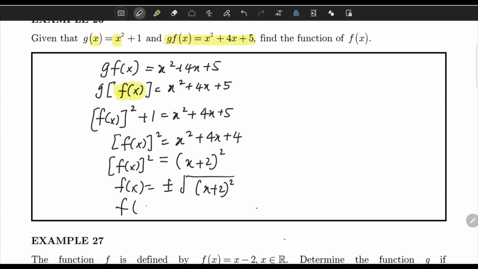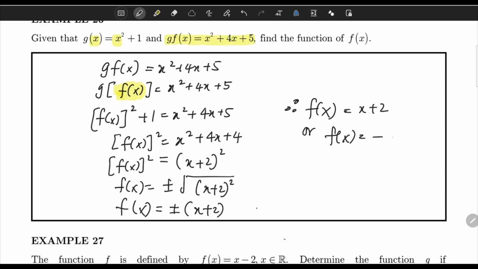So that eliminates the square root. So we get plus minus of x plus 2. So hence, we have two functions of f of x. So f of x equal to x plus 2 or f of x equal to negative of x plus 2. So that will be negative x minus 2.